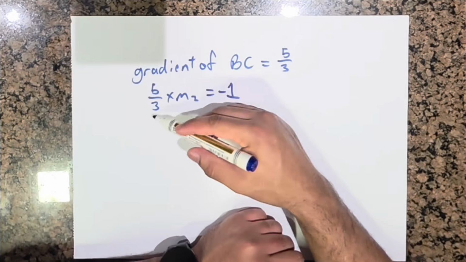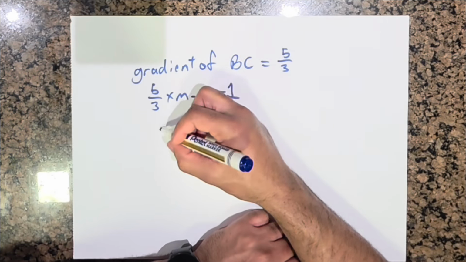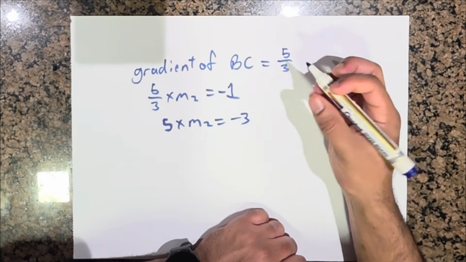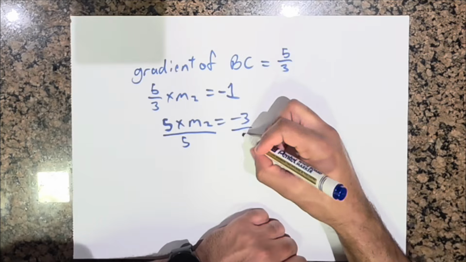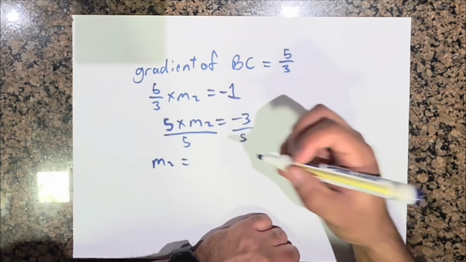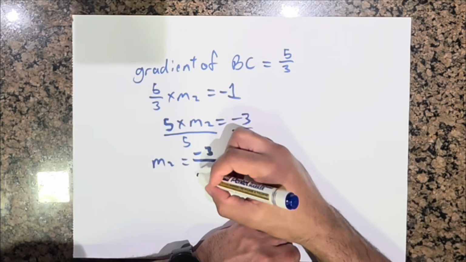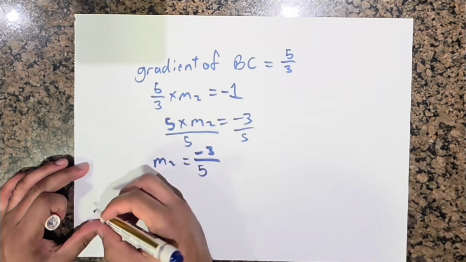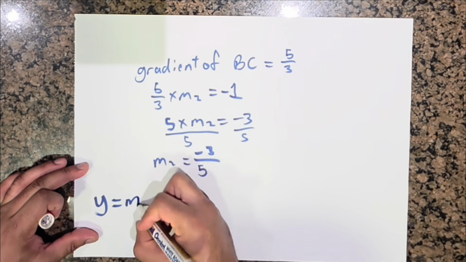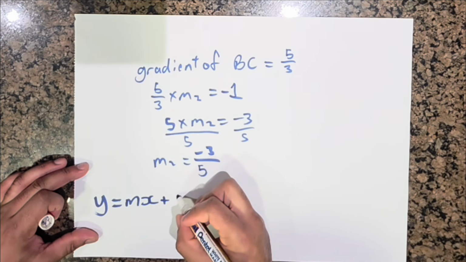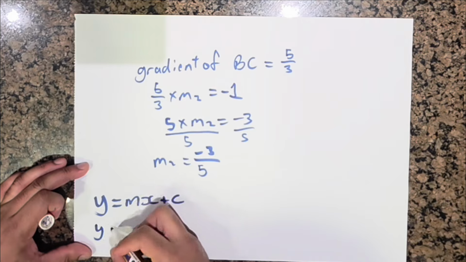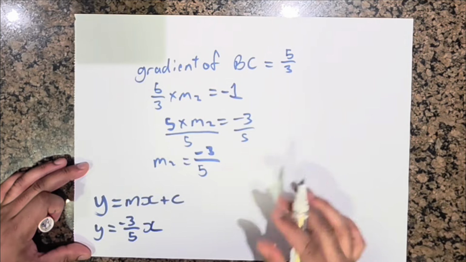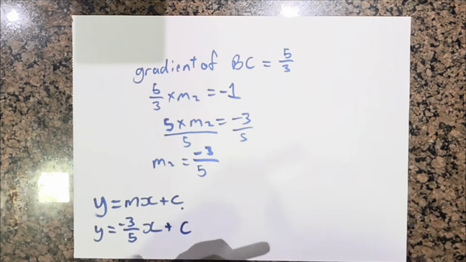Then you multiply by 3, and that becomes 5 times m2 is equal to negative 3, and then divide by 5. So m2 equals negative 3 over 5. That means we know the gradient of the line so far. So in terms of y equals mx plus c, we know y equals negative 3 over 5 x.